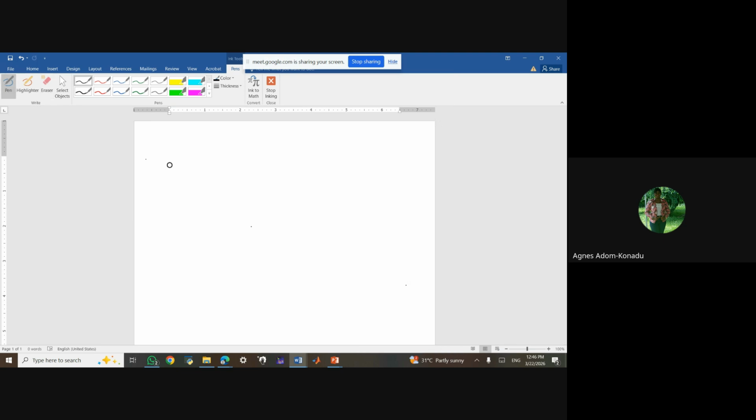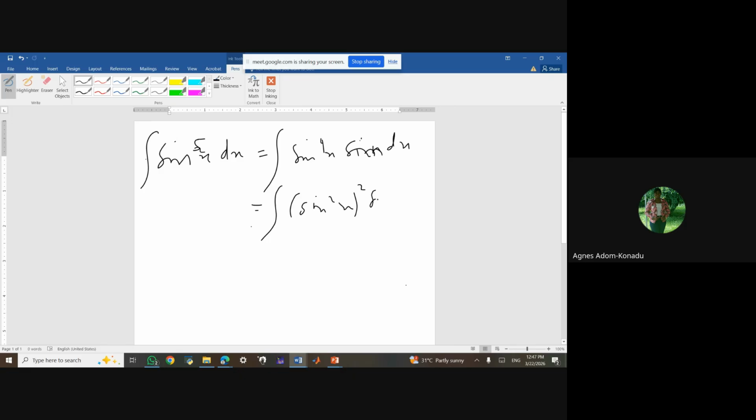Okay, so I want to integrate sine to the power 5 x dx. And this is the same as sine to the power 4 x sine x dx. And we know this is the same as the integral of sine squared x all squared times sine x dx.